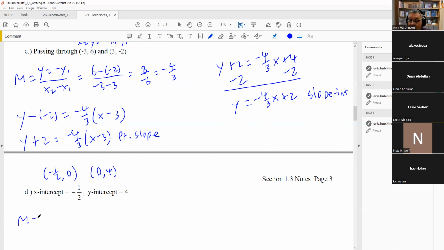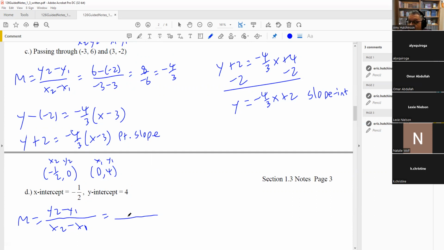I want to use the slope formula to find the slope here. So I have y2 minus y1 over x2 minus x1. I'm going to label this as x2, y2, x1, y1. Put these into the formula, and we get the change in y over the change in x.